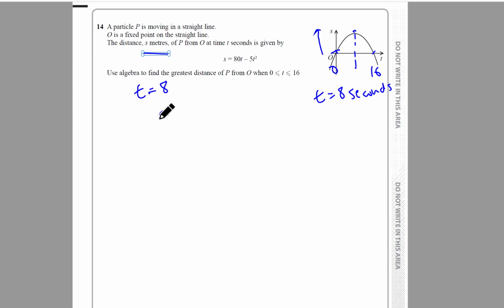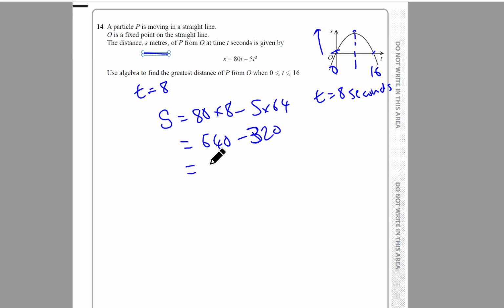So the greatest distance s equals 80 times 8 minus 5 times 8 squared, which is 64. That's going to be 640 minus 320. So s is going to equal 320.